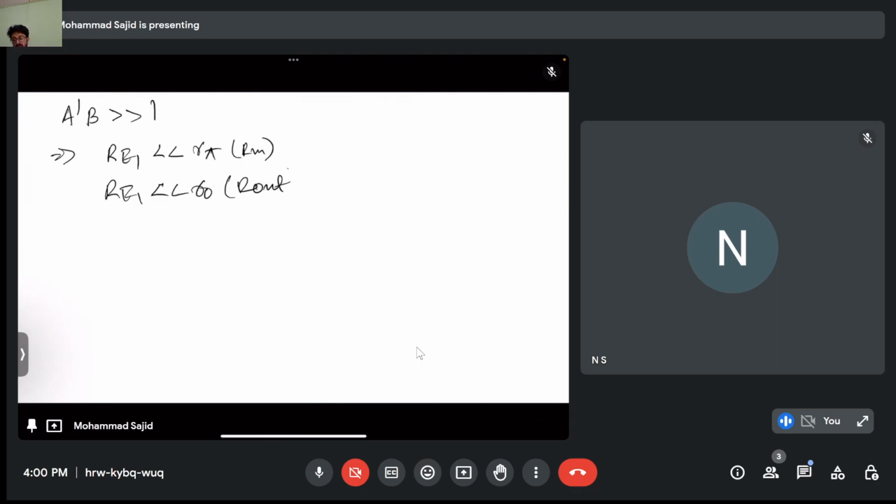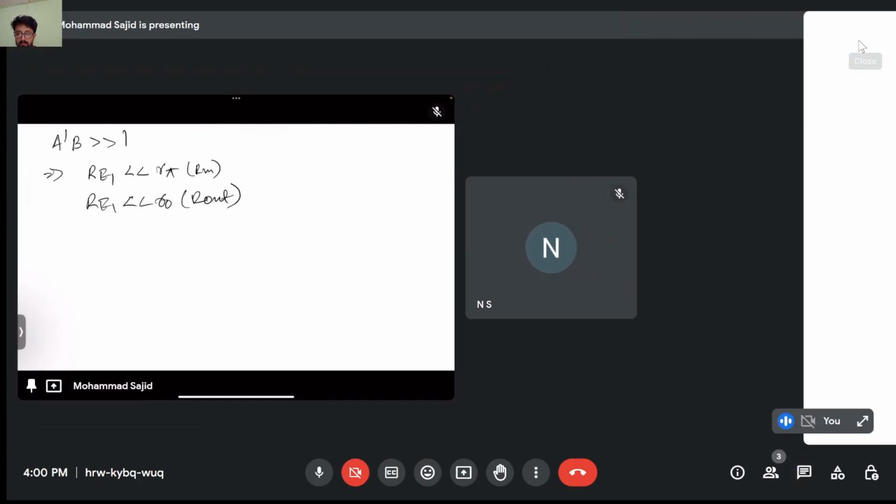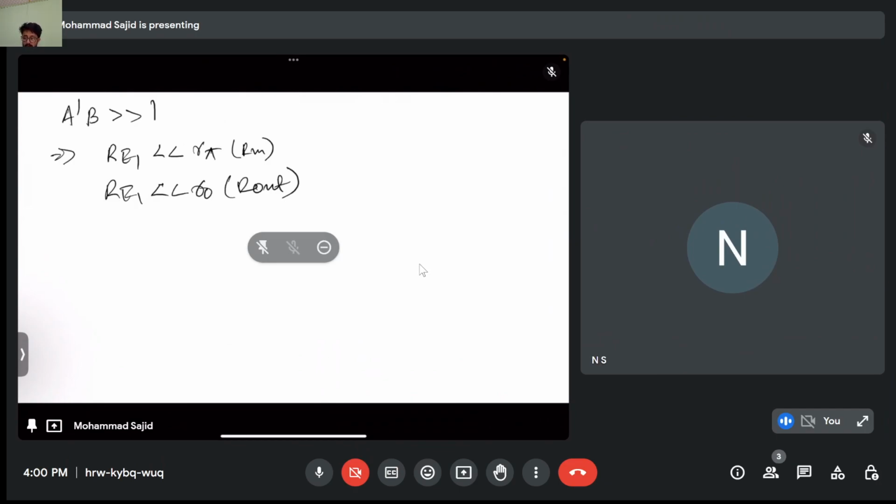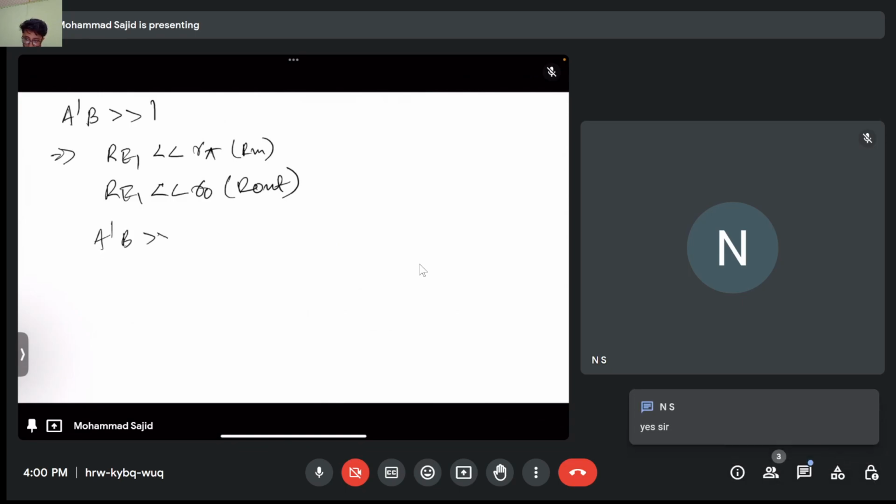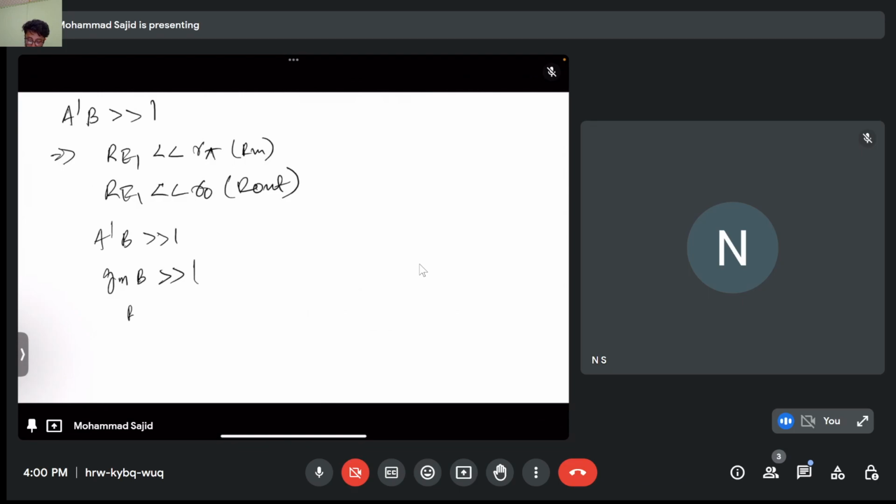When you go through the lectures, you will understand these things correctly, because these are the basic transistor properties, such that the device behaves near about ideally. These are the few conditions. And also A dash beta feedback should be greater than 1. And since we calculated A as GM, GM times beta should be greater than 1, and beta is RE1, so RE1 should be greater than 1 by GM.